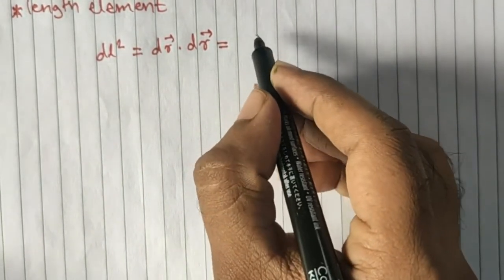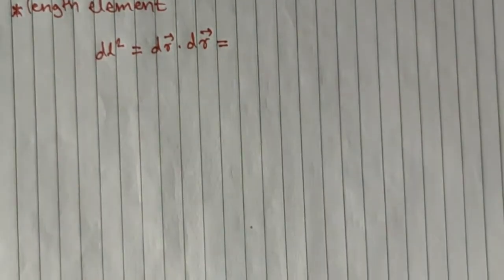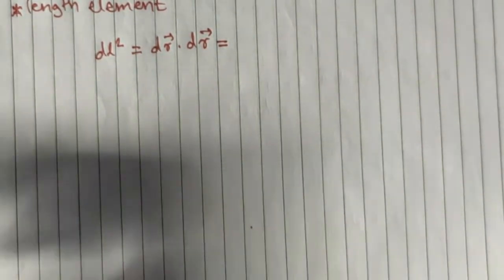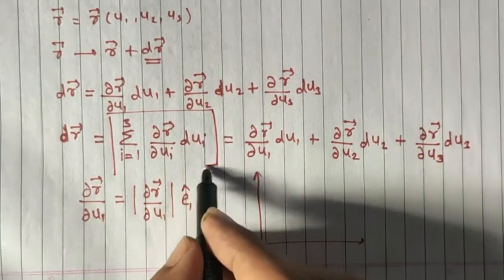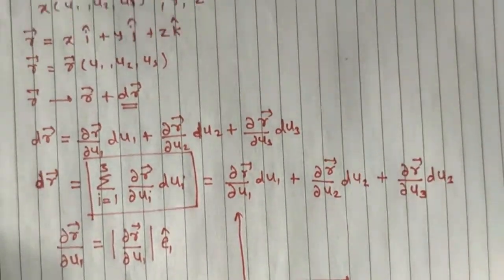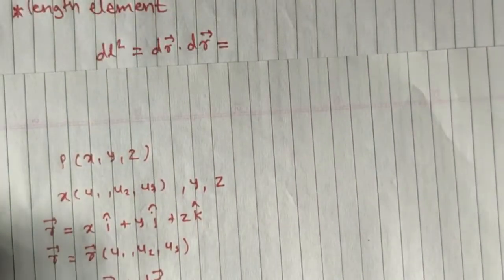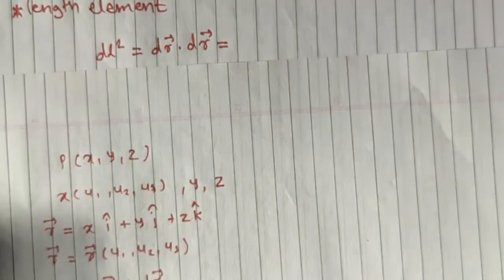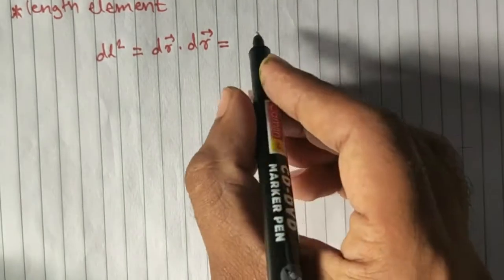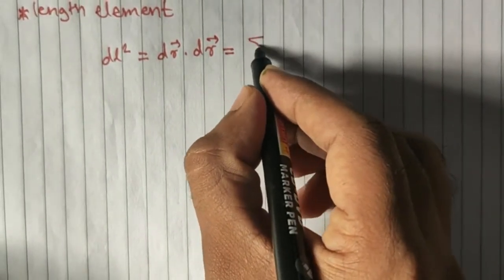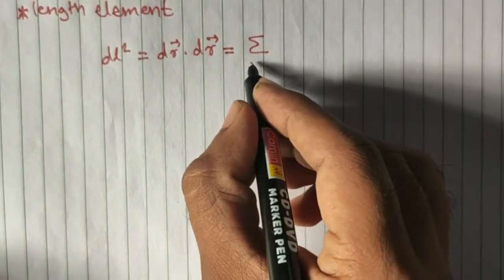I already wrote dr bar in terms of summation, so it was like this. Here we wrote it in terms of summation, but now here I have 2 dr bar, so I am going to change the index. So we will do it on paper.